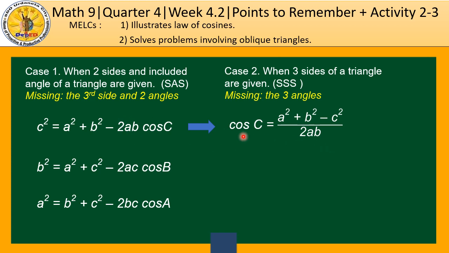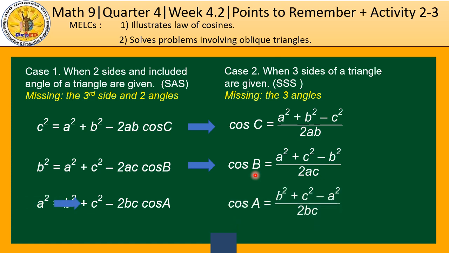But I am telling you that this is more direct, the derived formula for the angle. If you are looking for angle B, use this one, and for angle A, this one.